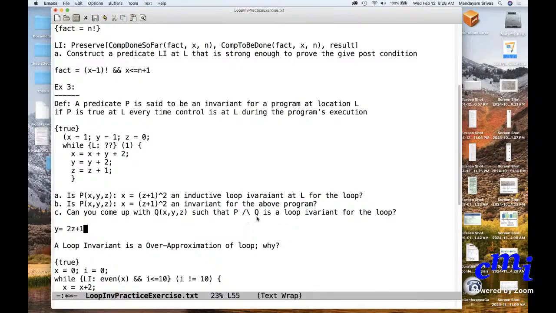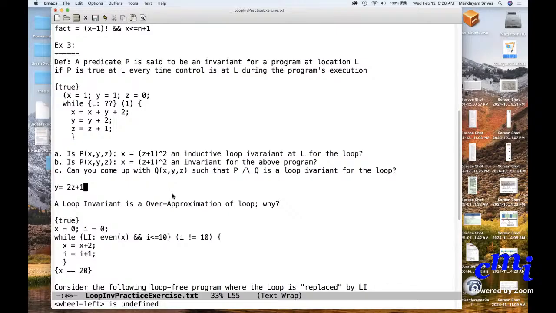That's what I mean when I say you needed to strengthen your initial guess to make it inductive. Okay, good.